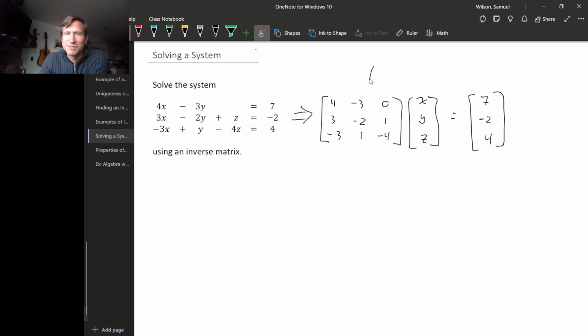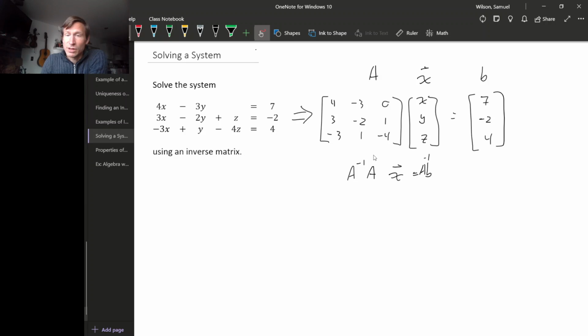So let's call this matrix A, let's call this vector x, and let's call this vector b. Okay, so this is now A times x equals b. If we knew the inverse matrix, we could just multiply on the left by the inverse matrix on both sides.